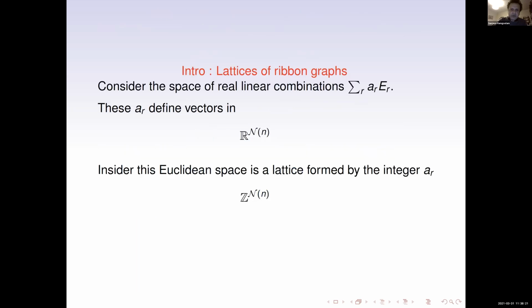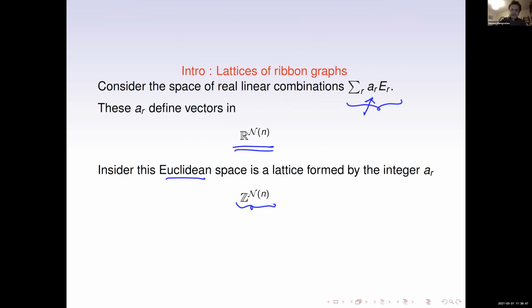And we're going to actually look at those operators in the geometric basis. So we let them act on these ribbon graph basis vectors, and linear combinations of these ribbon graph basis vectors form this Euclidean space. Inside here, you have an integer subspace, which is the lattice of ribbon graphs.